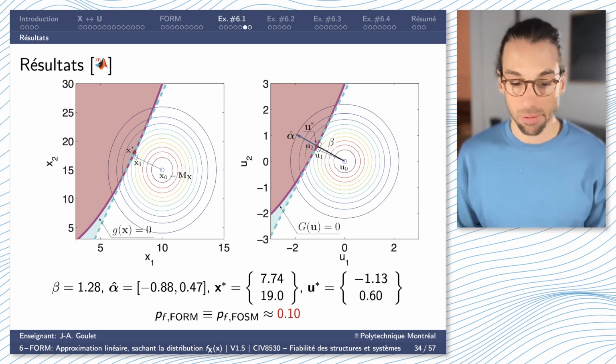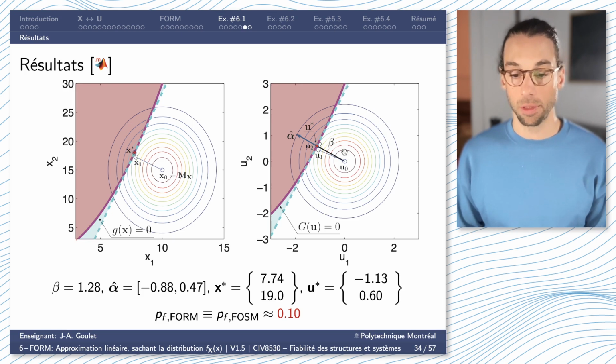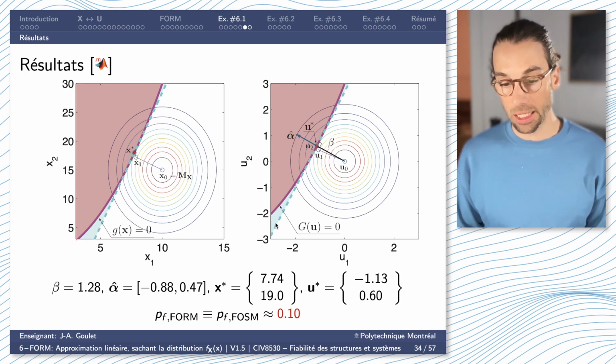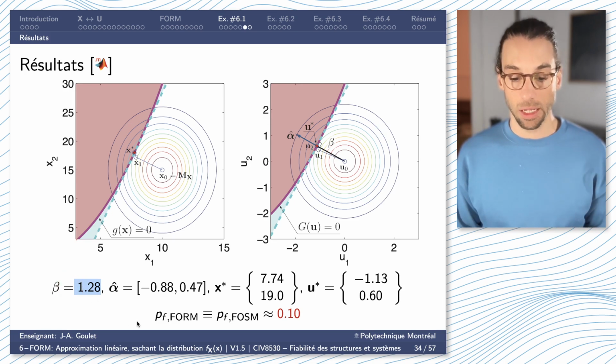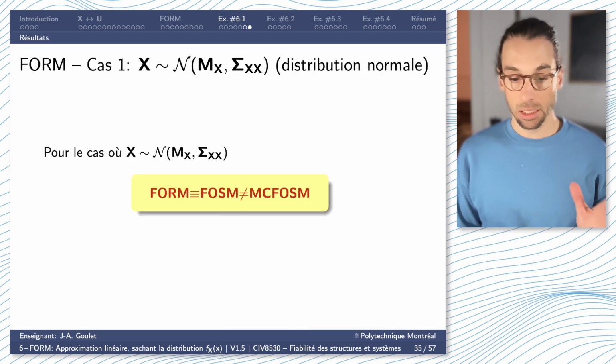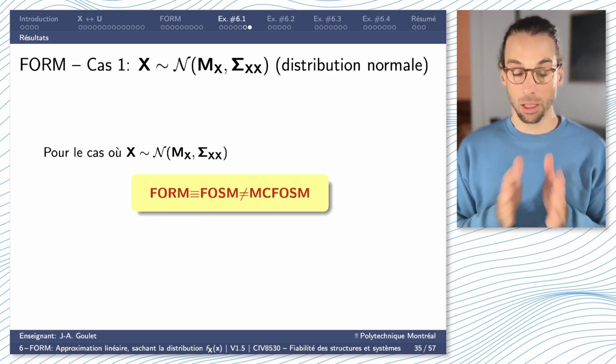If we do this successively, we're going to say x0, x1, x2, we already find our optimal point, which is here. We can see that we've linearized the limit state function in the standard normal space. We can evaluate what is our beta, 1.28. Standard normal CDF of minus beta is going to give me my probability of failure, 0.1. So this is exactly equivalent to what we saw in module 5 with FOSM.